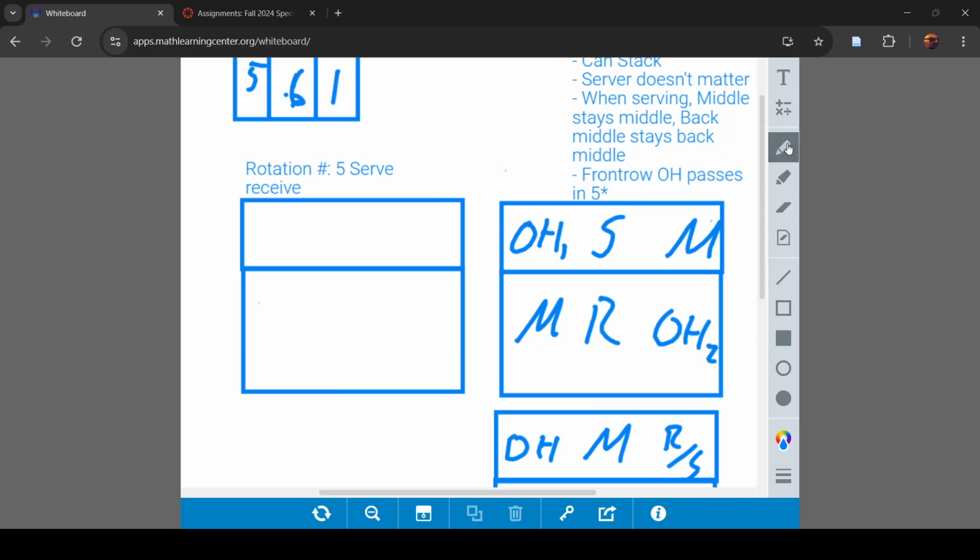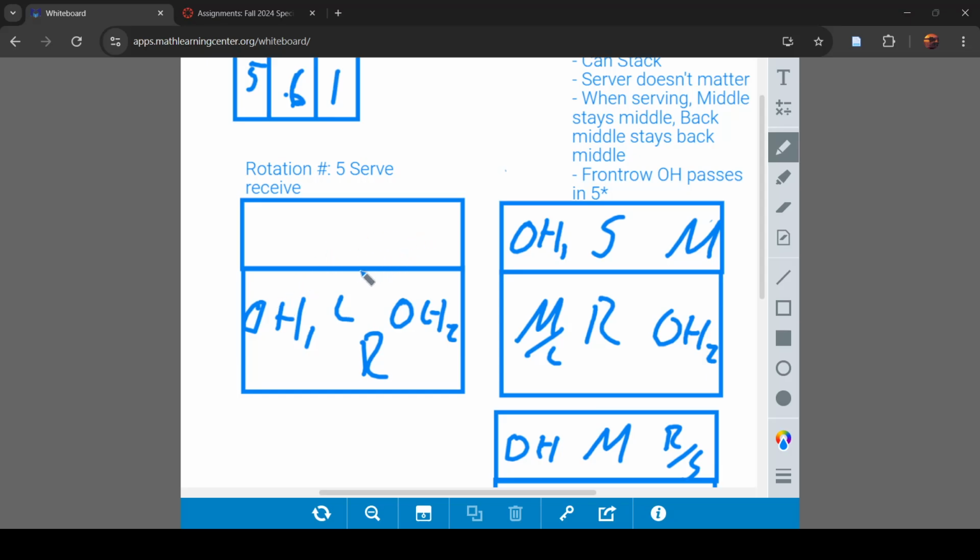So, front row outside passes here. OH1. Libero passes over here. Now, if you notice, the libero is over here, so the right side, and then the other outside passes here. So the right side has to be in between these two people because that's where they are in the rotation. So right side stands right there.